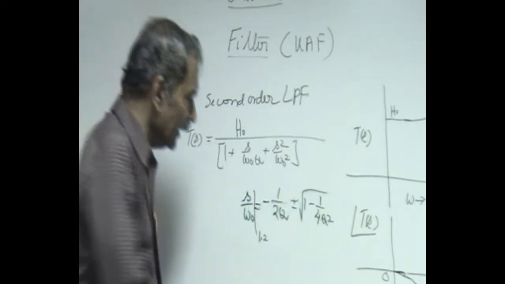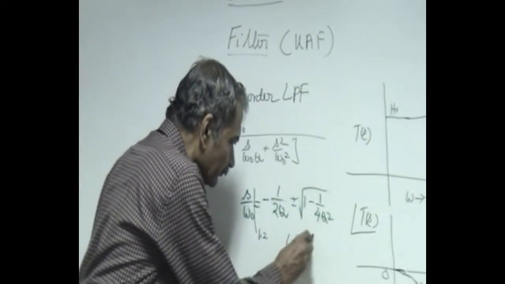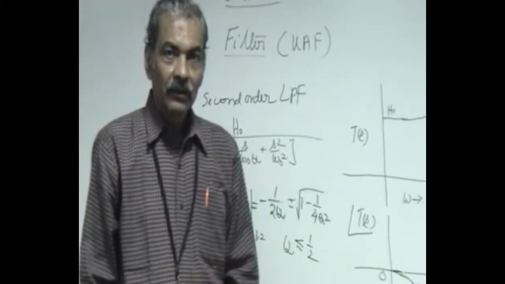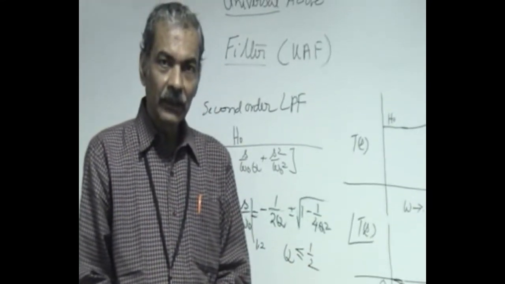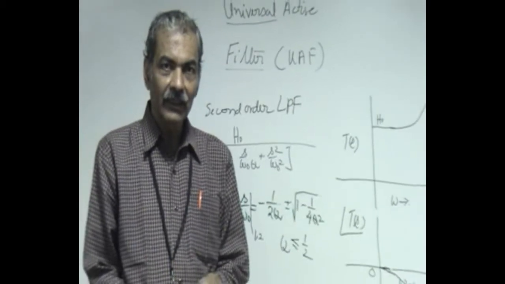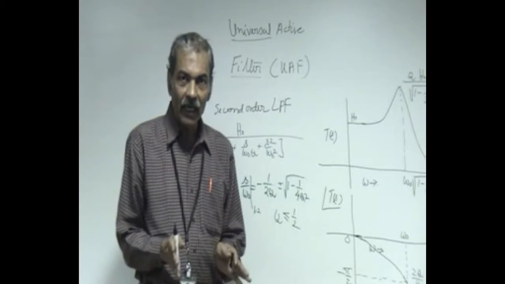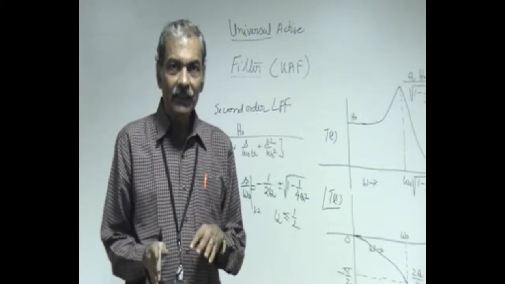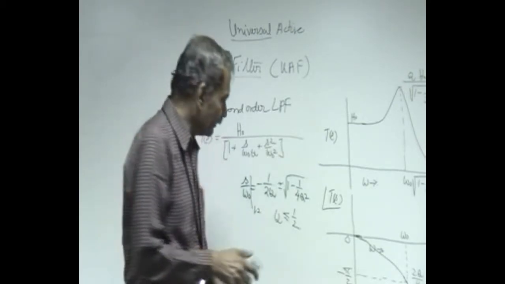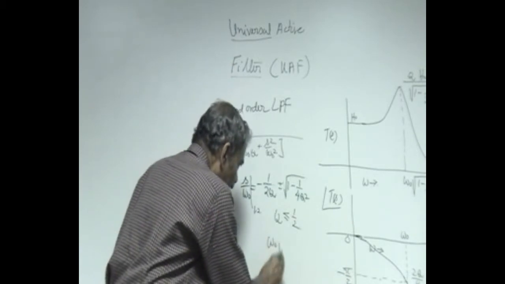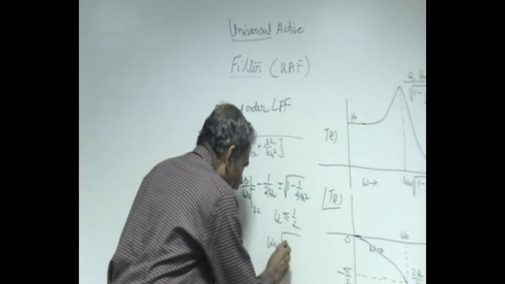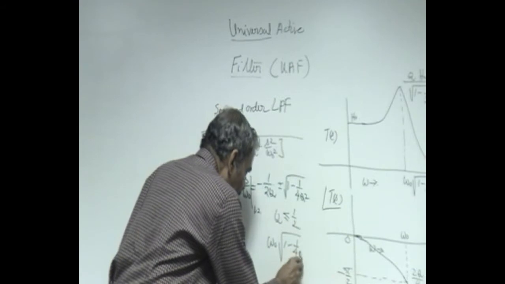So for Q less than half, Q equal to half is called the critical damping. Underdamped is for Q greater than half, in which case there is ringing at the natural frequency times square root of 1 minus 1 by 4Q squared.